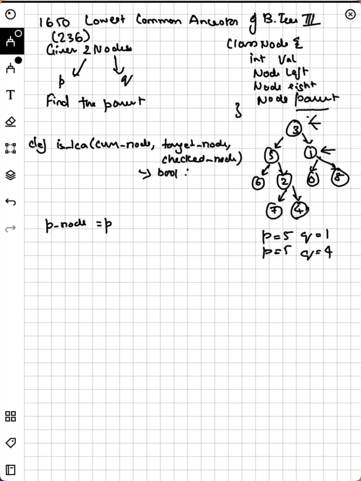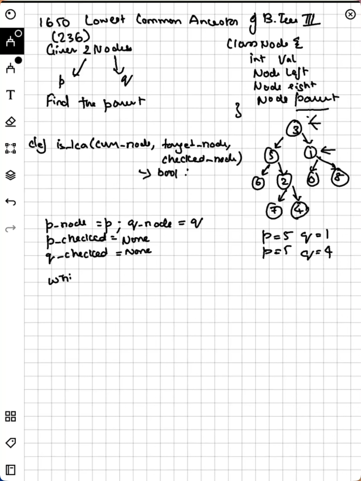When we start, it is pointing to p, and then I have q node. When we start, it is pointing to q. Let's also define p checked, initially nothing, so I have not checked anything on this side, and q checked is also equal to none in the beginning.